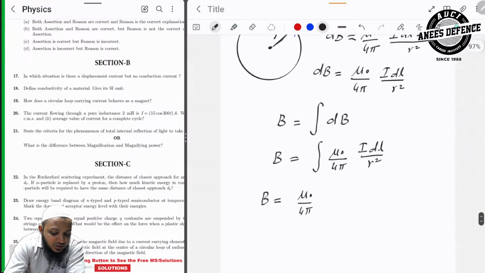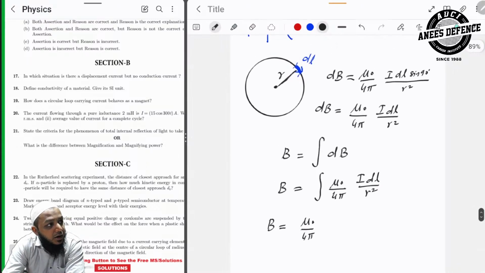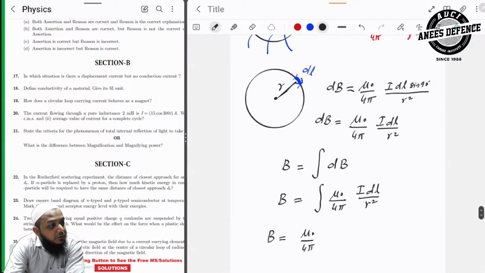And see the loop. Every loop has the same current. The loop has many segments of length dl. Every segment of length dl has the same current. Therefore, current is considered constant everywhere, so I can take current I outside the integration, right?